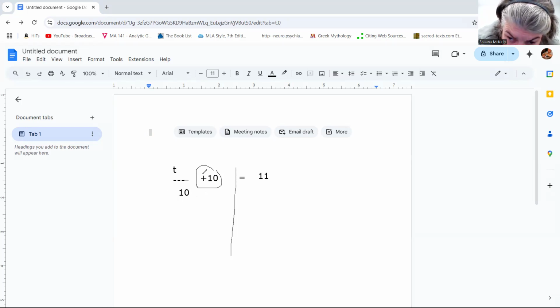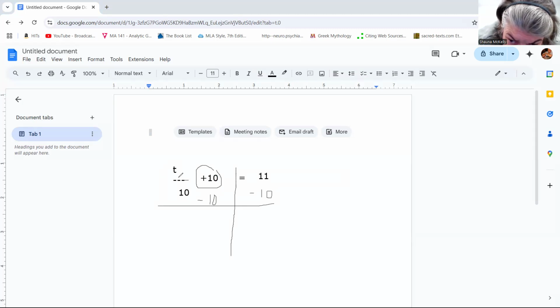So if I want to get rid of this 10, this is adding 10. This is addition. So the way I'm going to get rid of it is the opposite of adding 10, which is subtracting 10. So I subtract 10 here on the left side of the equal sign, and I have to do the same thing on the right, like so.